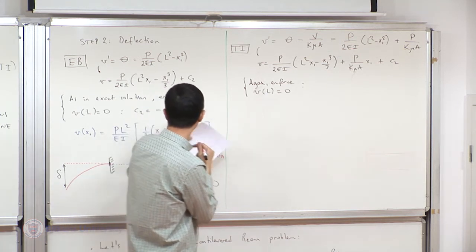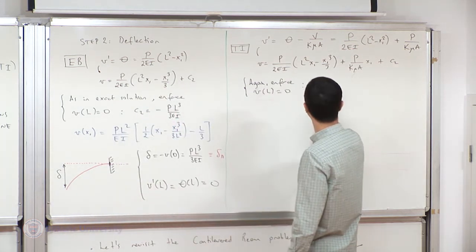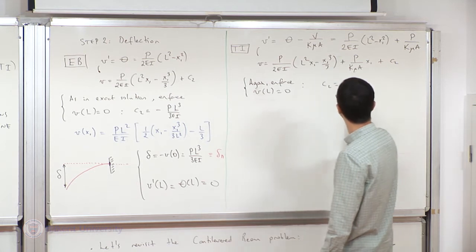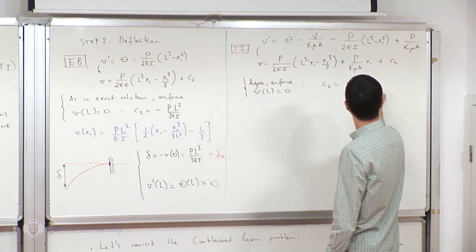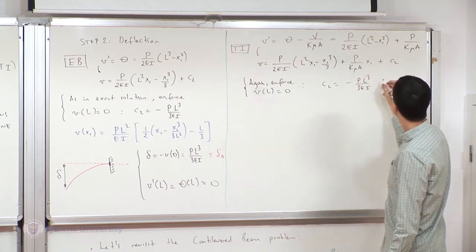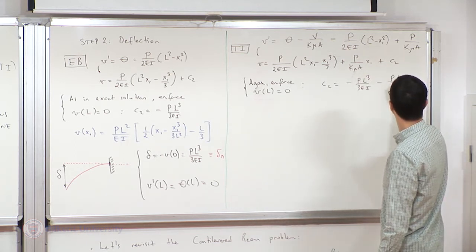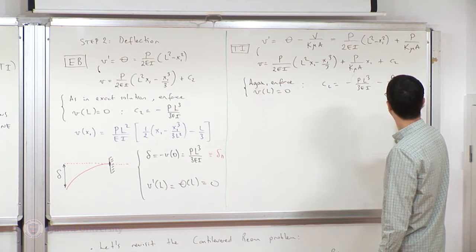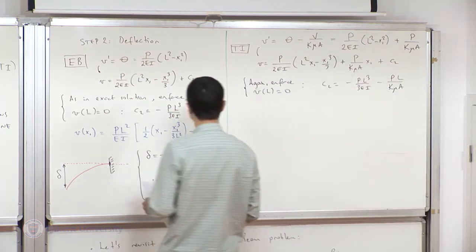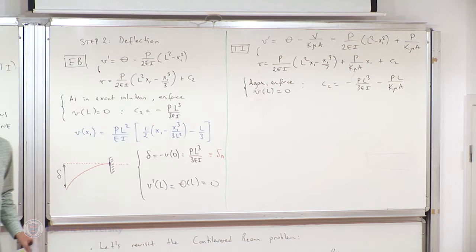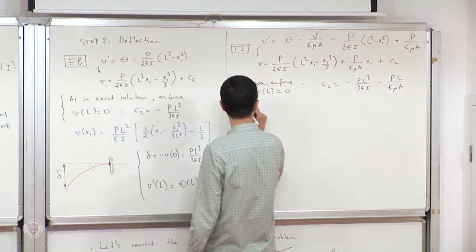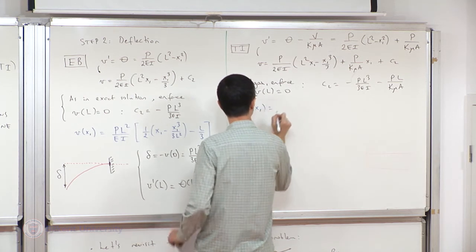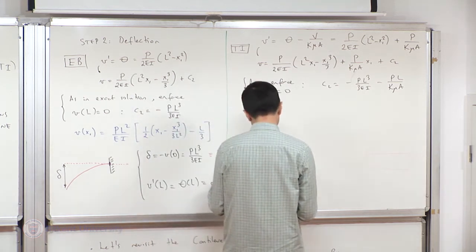In that case, what we're going to find out is that this constant C2 is equal to minus PL cubed over 3EI and minus PL over K mu A. Okay, and now if I go ahead and again write the final result for the deflection, let me again rearrange.